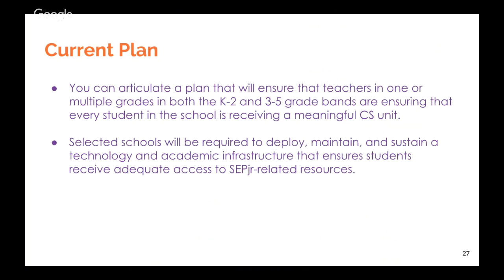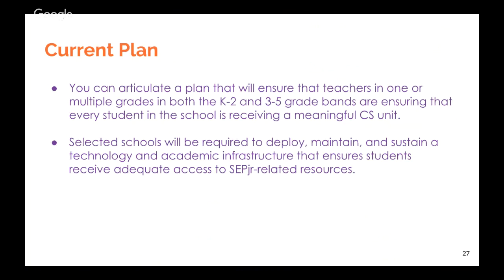Selected schools will be required to deploy, maintain, and sustain technology and an academic infrastructure that ensures students receive adequate access to SEPjr related resources. So part of the current plan is we really want schools to have an idea of how they will support a computer science initiative in their school, meaning, do they have a plan for deploying equipment?